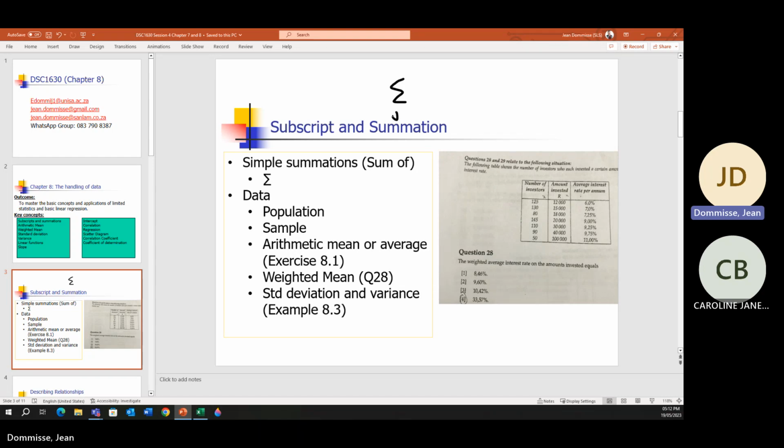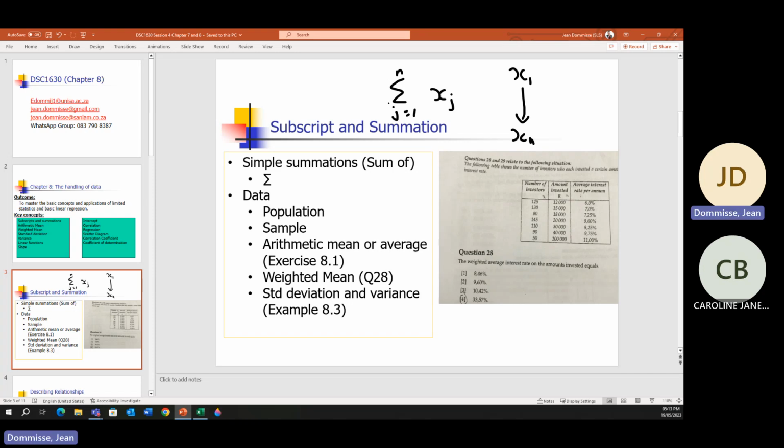Sometimes they have something like j or i to the number n, and they do something like that. All that means is you start at your first x, because your first x will be x1, all the way up until xn.